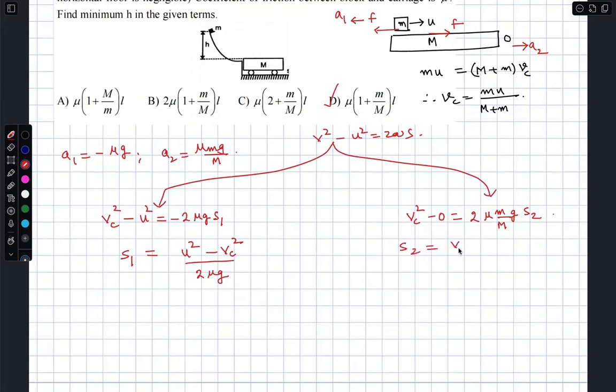S2 is V common square by 2 mu G times capital M by small m.